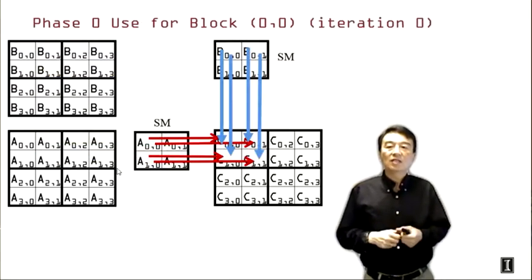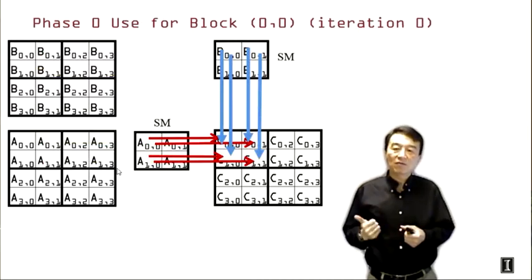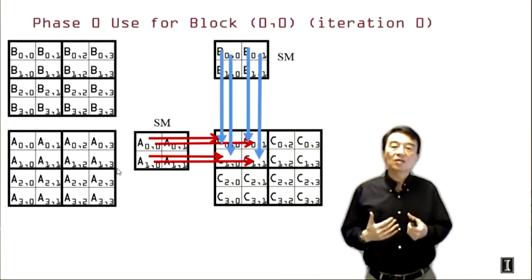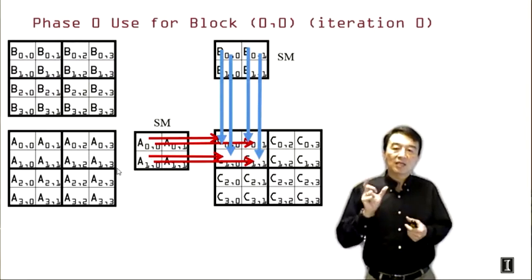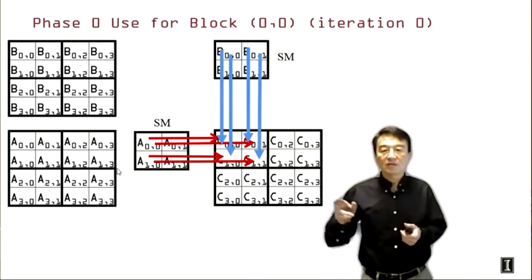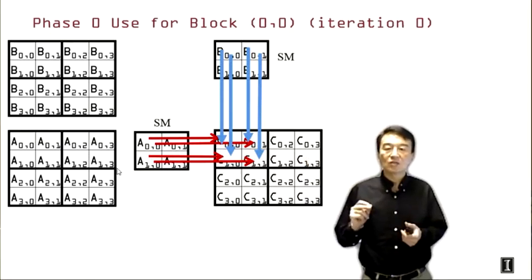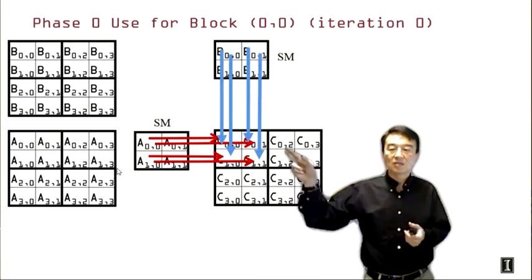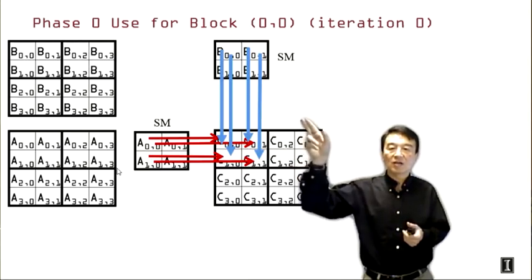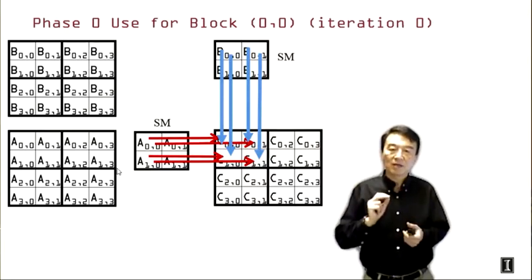Once we have loaded all the 4 A elements and all the 4 B elements of the first tiles into the shared memory, then all the threads will do a phase of the inner product calculation out of the shared memory. So let's say thread 0, 0 is going to need to use the zeroth row of A and the zeroth column of B to do that dot product.